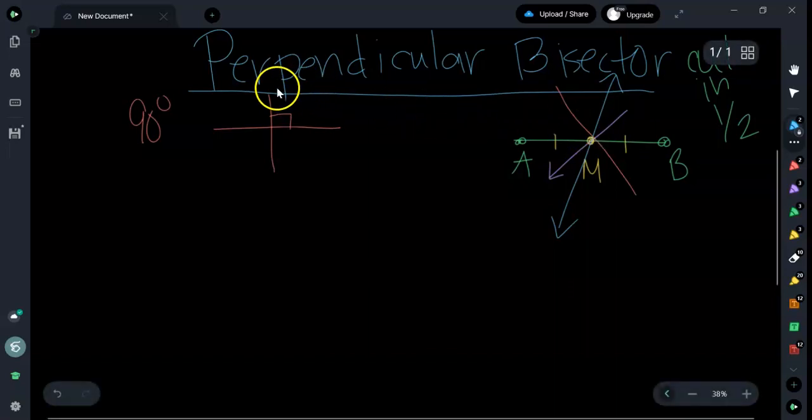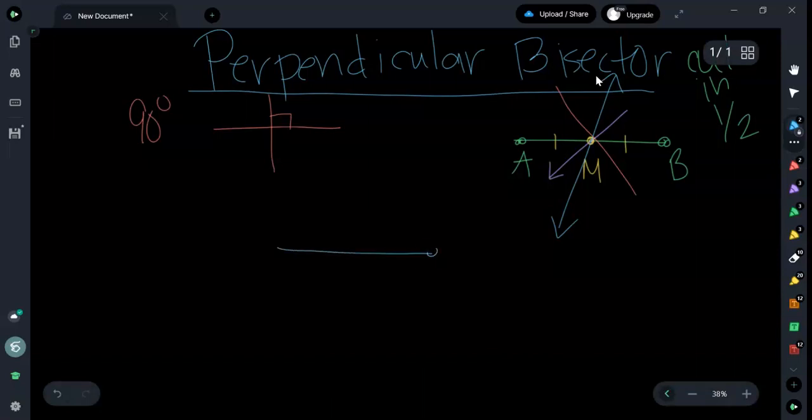So if we combine these, we've got perpendicular and bisector. What that means is when I have a segment, so I'm going to draw a brand new segment here, and I have a midpoint for that segment, I know that that's right in the middle.